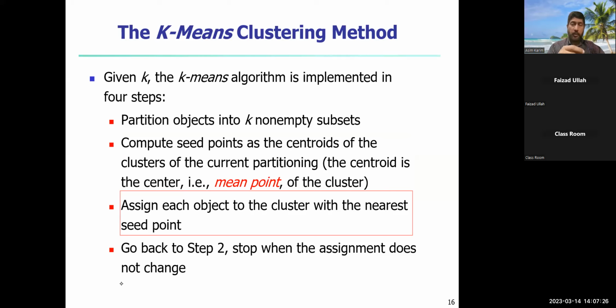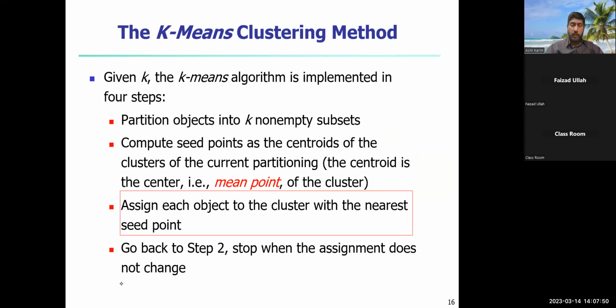So you do this for all objects. So once you have done the assignment you have new clusters, नए क्लस्टर्स बन जाते हैं. तो नए क्लस्टर्स आ गए तो फिर आप उसका मीन निकाल लेते हैं. नया मीन निकाल लिया तो फिर आप असाइनमेंट कर लेते हैं. असाइनमेंट करते हैं तो फिर नया मीन निकाल लेते हैं, unless there is no change in the mean and there is no change in the assignment to the clusters. So that's where you stop.